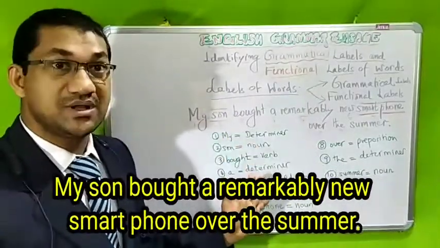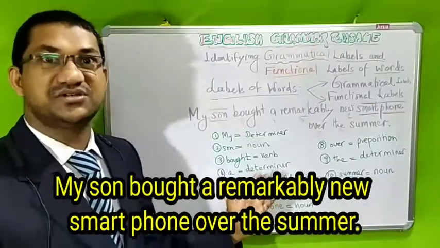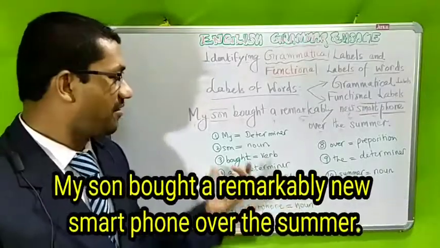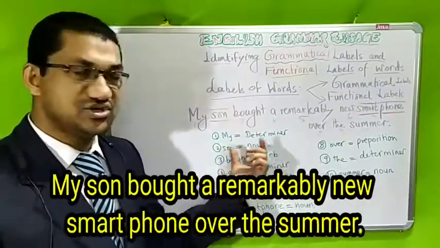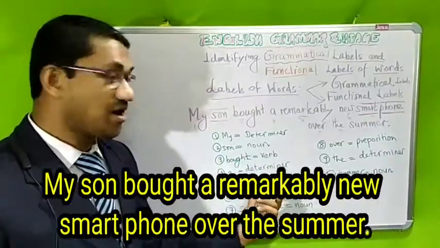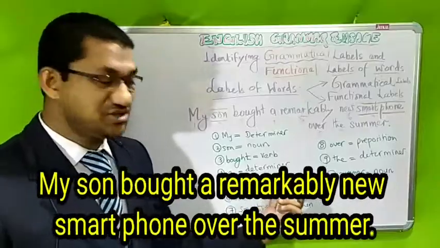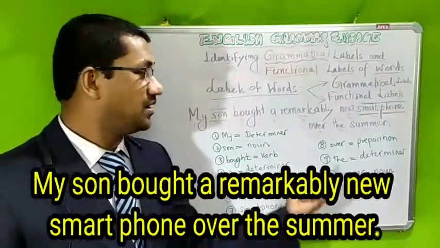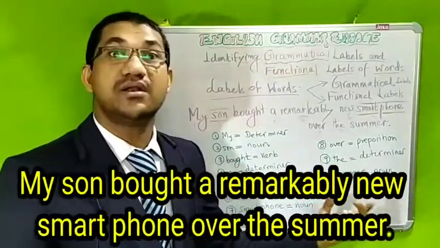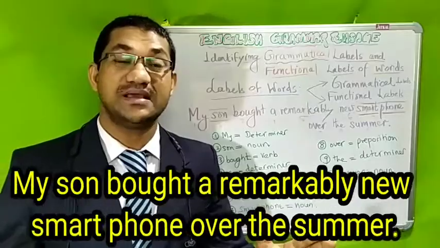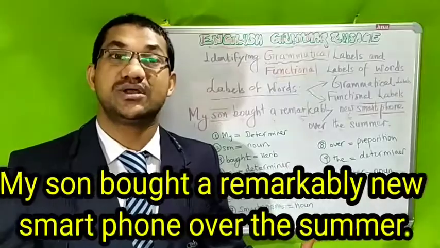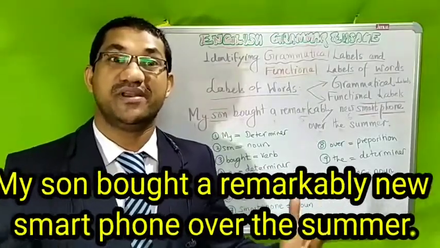So all these words are grammatically something, and we just found that "my" is a determiner, "son" is a noun, "bought" is a verb, "a" is again a determiner, "remarkably" is an adverb, "new" is an adjective, "smartphone" a noun, "over" a preposition, "the" a determiner, "summer" a noun. So this is scanning or labeling the words of a sentence based on the form or appearance.